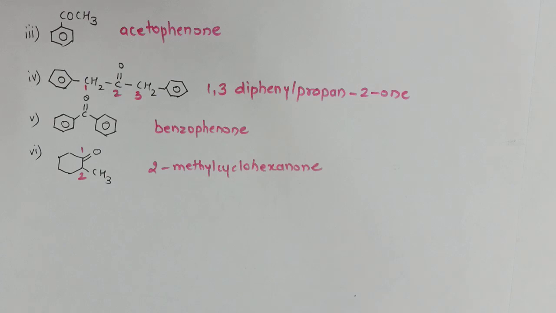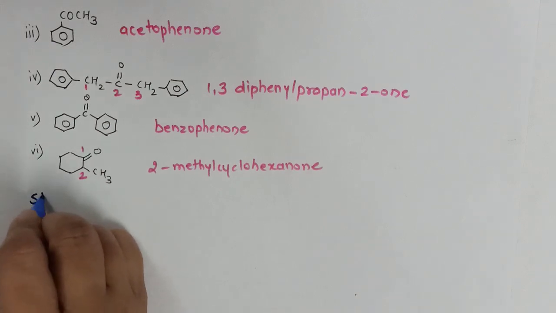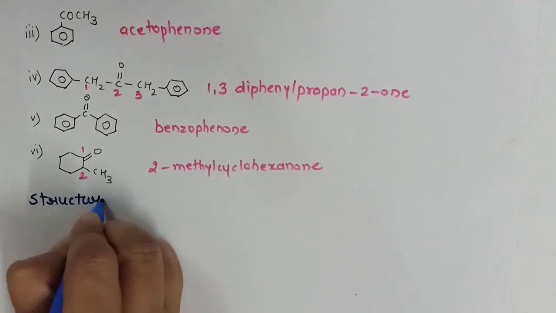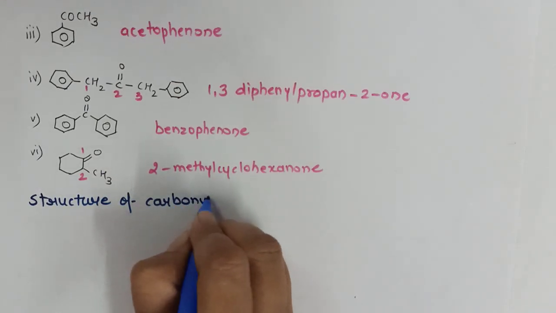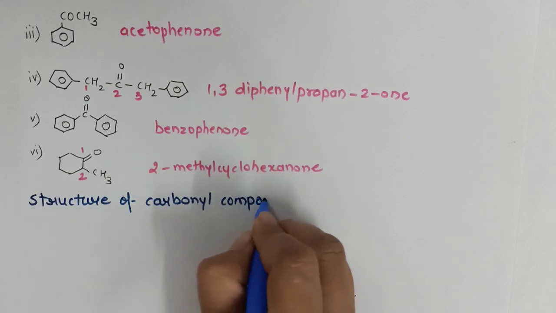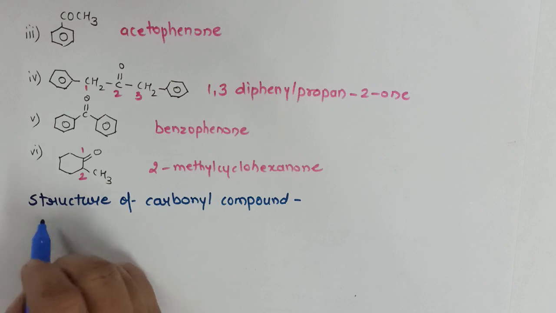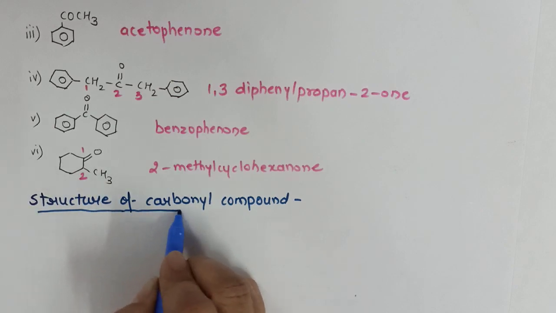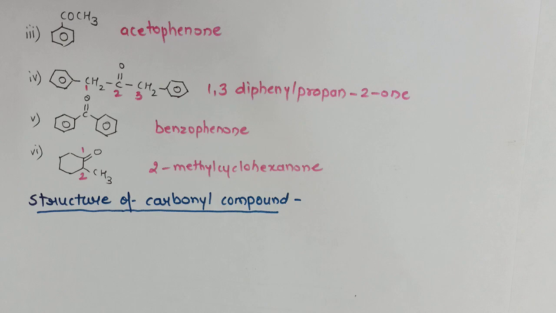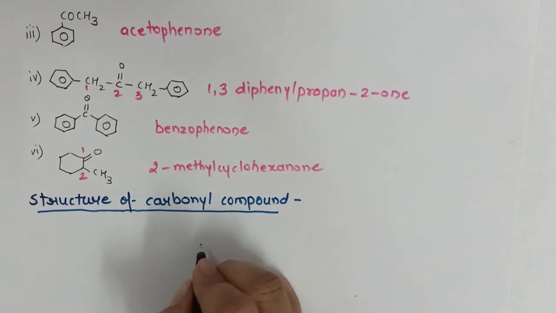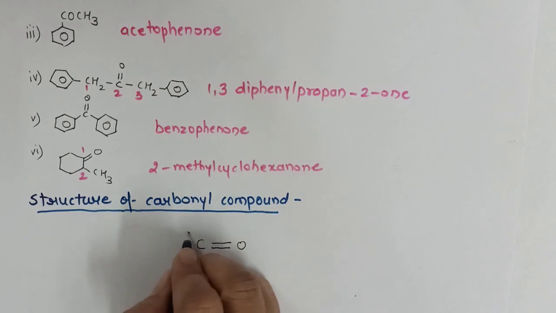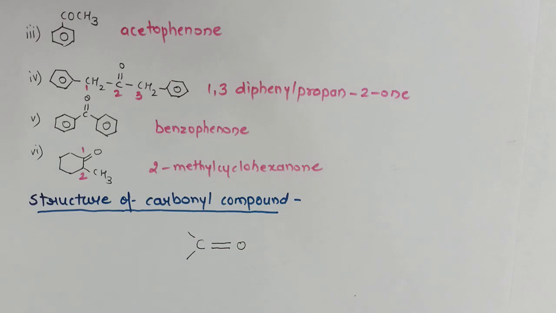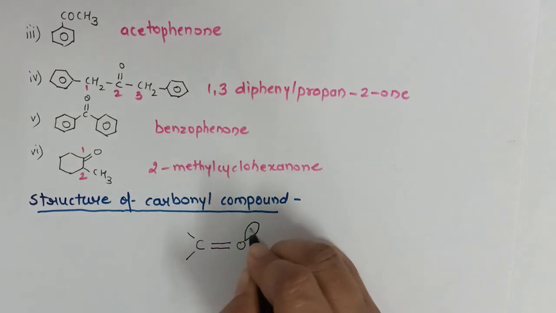So that was all about the nomenclature of aldehydes and ketones. Let us discuss the structure of the carbonyl compound or carbonyl bond. In all functional groups, we have to discuss the nature of carbon and of that particular functional group's bond. Now, if we have a look at the carbonyl compound, then in that, carbon is attached to oxygen by a double bond, as well as oxygen has its two lone pairs on it.